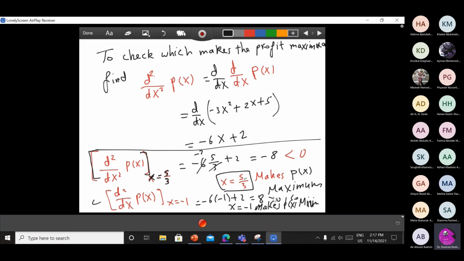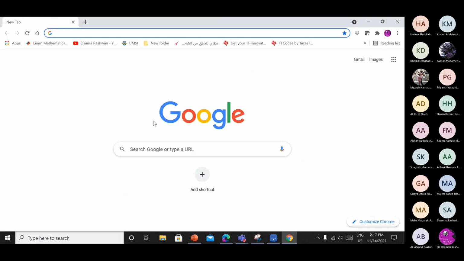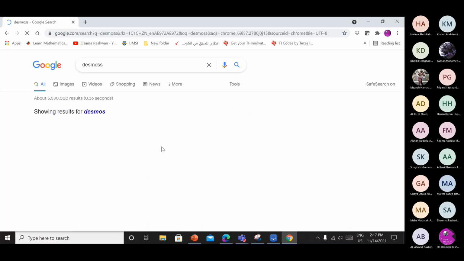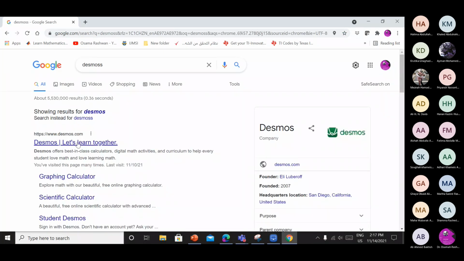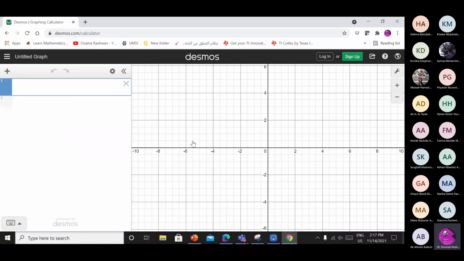Shall we use Desmos to graph it for you? What is the profit here?